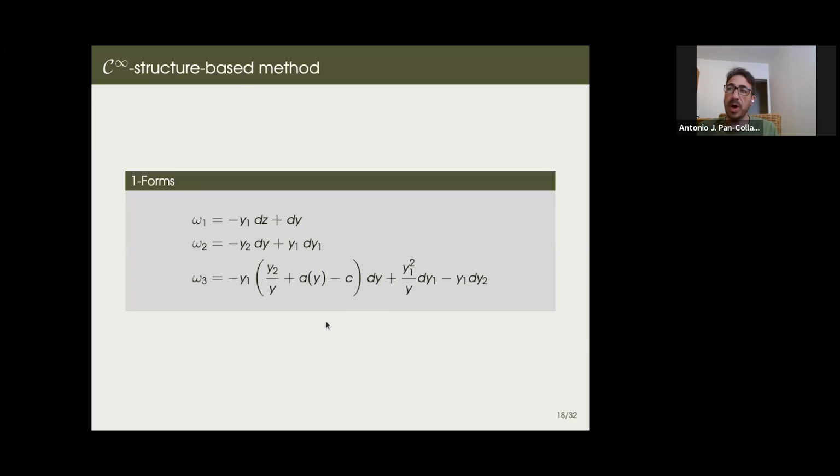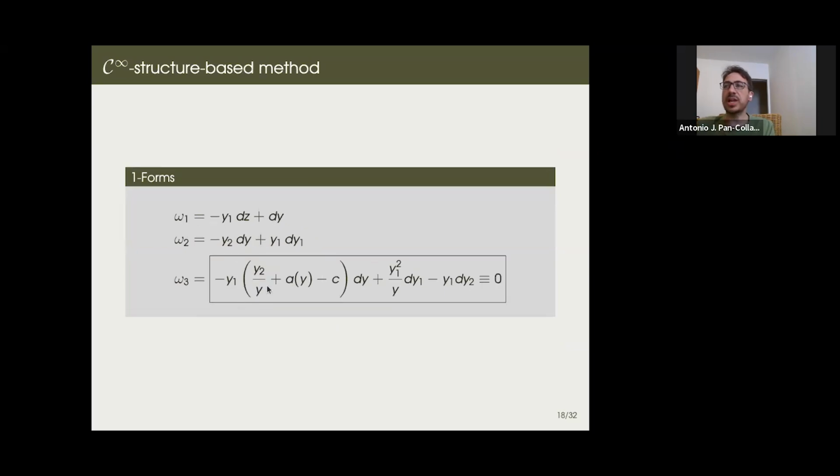So to follow along with the method, we first write down the one forms omega 1, omega 2, omega 3, and we focus on the last one, omega 3, which is the first Pfaffian equation we must solve.